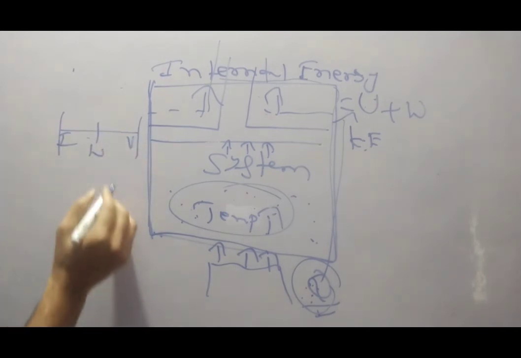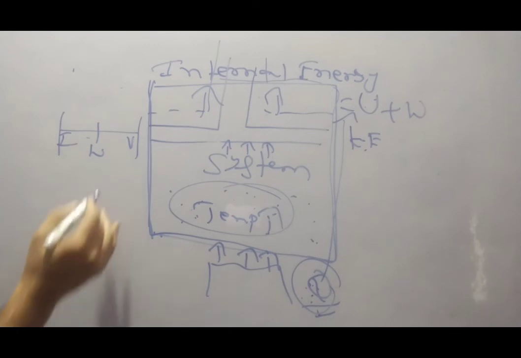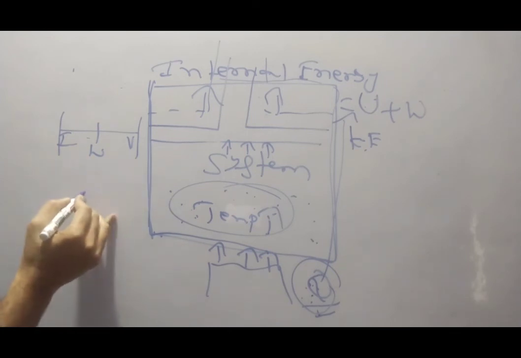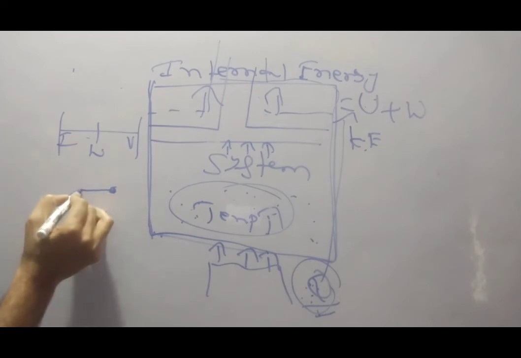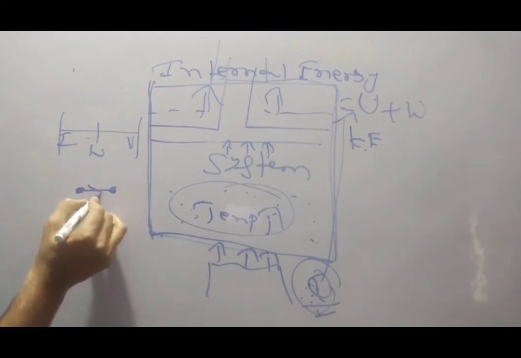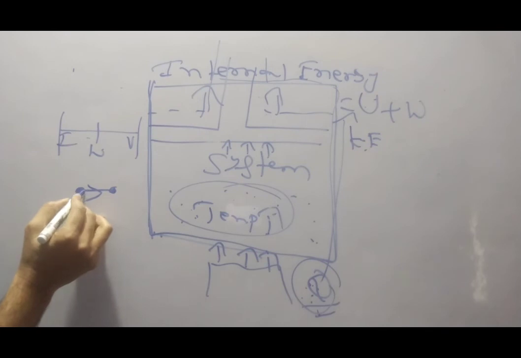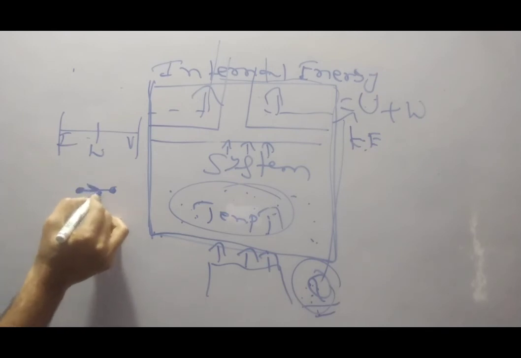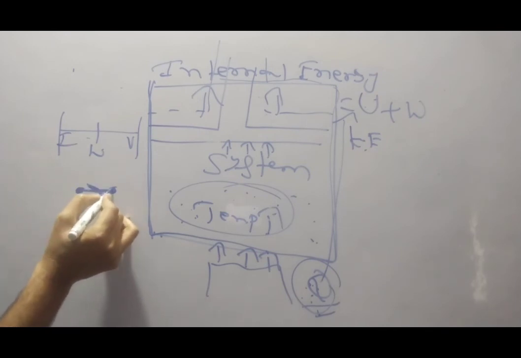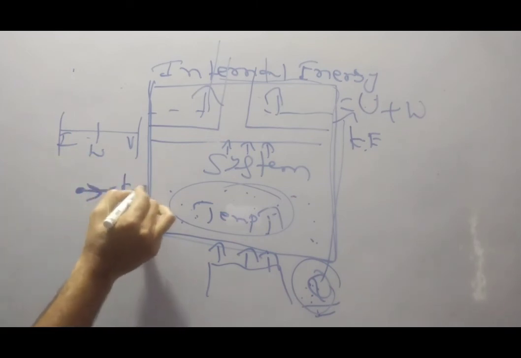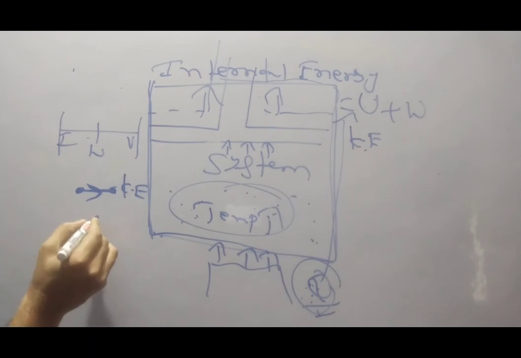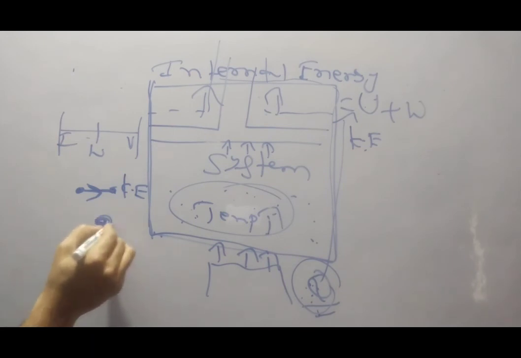Whenever kinetic energy is there, the particles give energy to other particles. That is kinetic energy, because it moves with some velocity. But whenever a particle is storing energy, it is nothing but potential energy.